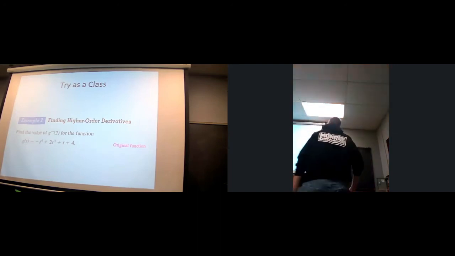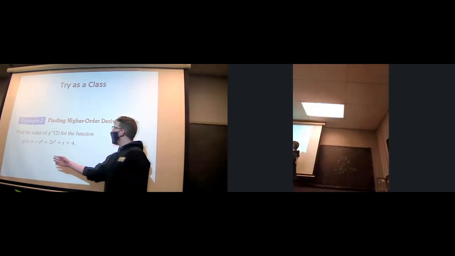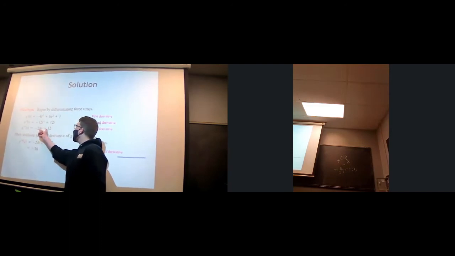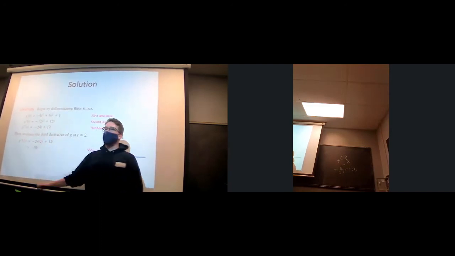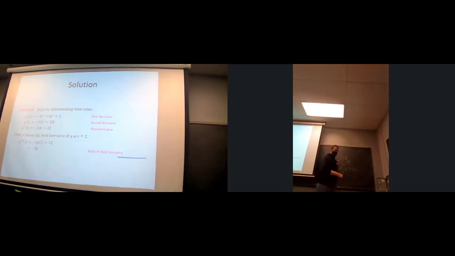So if we wanted, in this case, to find the third derivative at 2 of this function, we would apply the derivative once, we'd apply it a second time, and we would apply it a third time. Once we got to this point, we'd say, all right, cool, let's just go ahead and plug in 2 now. Everybody cool with this idea?